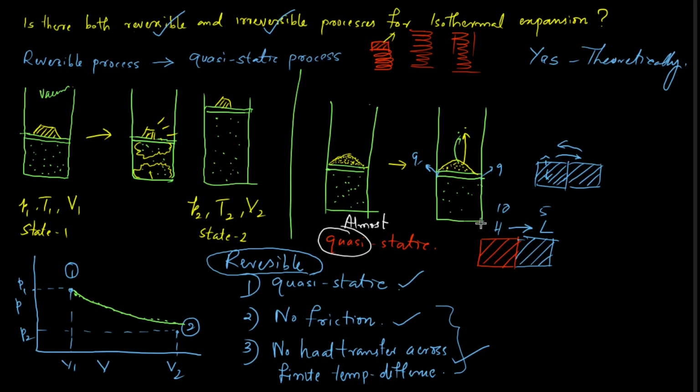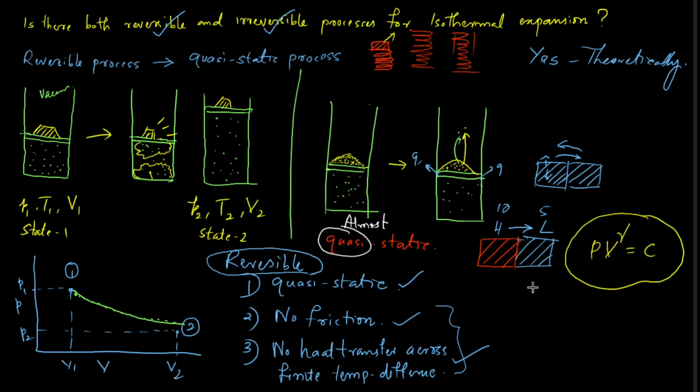But in the case of an adiabatic process, we assume that PV raised to gamma equals a constant. This assumption comes from the reversible condition. So this is true only for a reversible adiabatic process. That's why I mentioned specifically reversible adiabatic process.